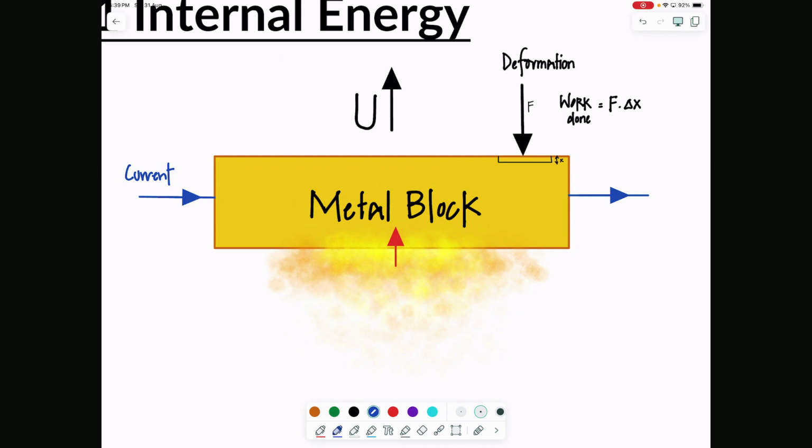The electrons flowing through have energy, and they don't have free passage. They're colliding with the ions. Every time they collide with the ions, what do they transfer? Energy, right? And that energy transfer eventually raises the temperature. That's why whenever current passes through anything, it heats up. So you have deformation, passage of current, and heat provided here.